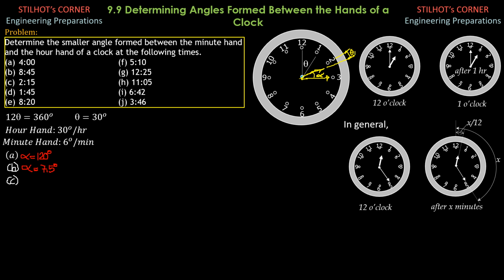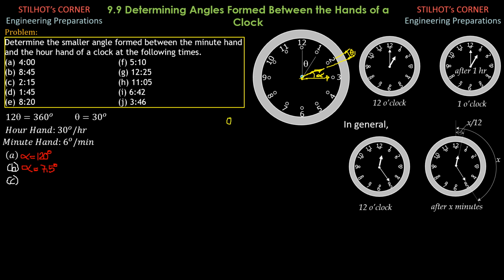And the movement of the hour hand, it was pointing at the 2 mark, and after 15 minutes, this is now the position. 15 minutes is 1/4 of an hour, or 0.25.